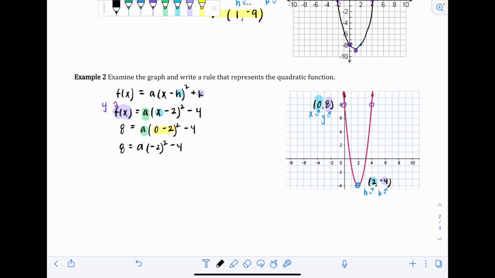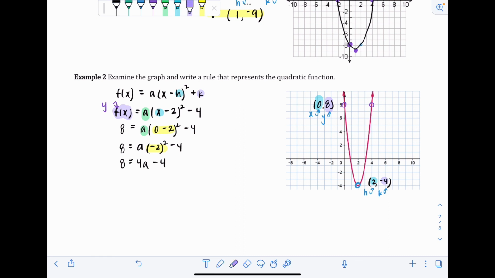I need to simplify the right side of the equal sign with order of operations, so I would do negative 2 squared next. So 8 equals a times negative 2 squared, which is 4, but I'm just going to write it as 4a, because we usually write the coefficient, the number in front of the variable, and then minus 4. The right side of the equation is as simplified as I can get it.